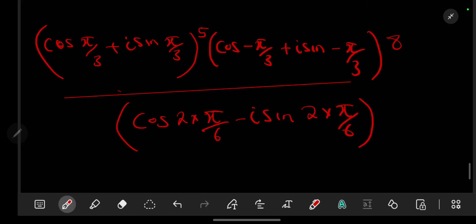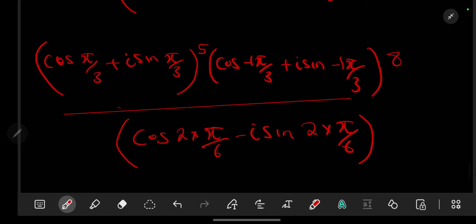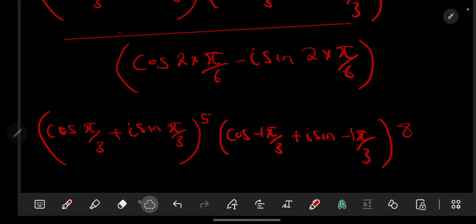Now this -1, we're going to throw it out. For the first part, this -1, we are going to throw it out, and it will find the 8 there.